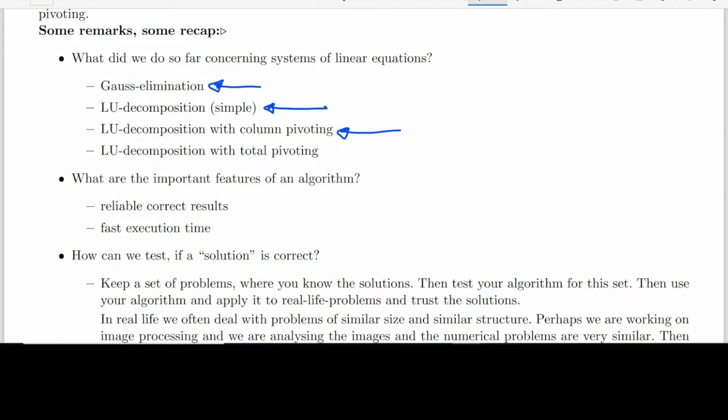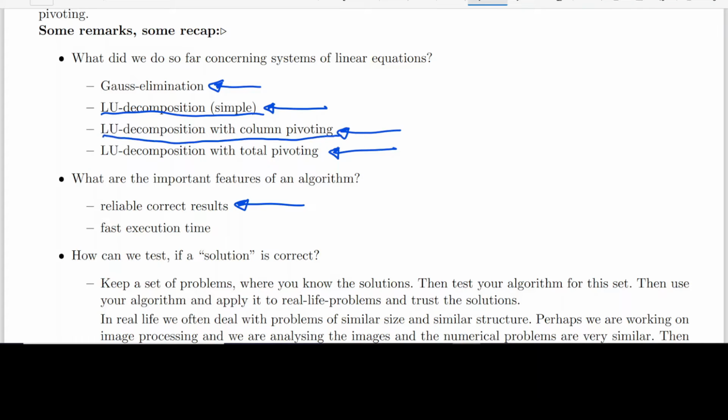And instead of doing column pivoting, we learned that we should better do total pivoting. That's what we did, and then we got rid of the problems we had so far. What was our focus? Our main focus was reliable, correct results, and it was easily possible to make the algorithm produce ridiculous, wrong results.